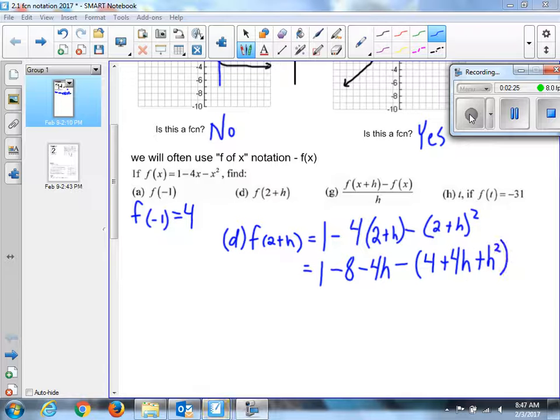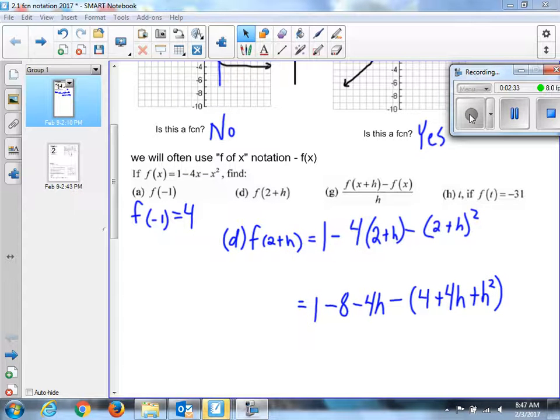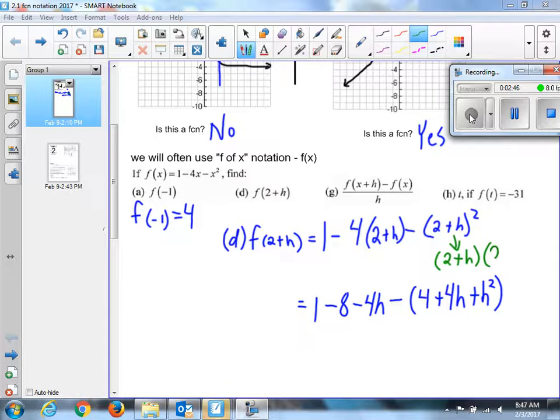Did anybody make the mistake of just having 2 terms? I'm going to backtrack then. So right now, I'll do the scratch work. This 2 plus h squared means, what you have, I bet, was 4 plus h squared, right?